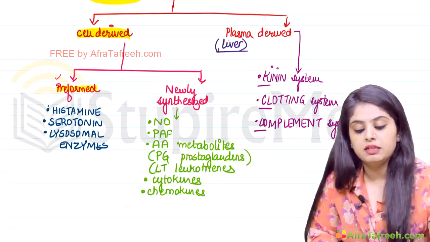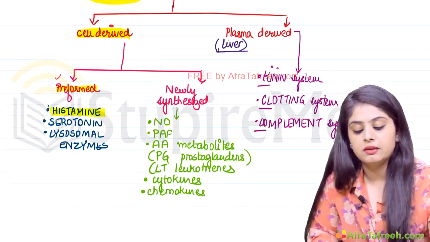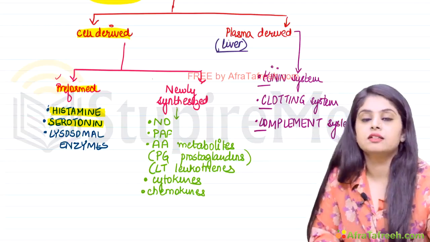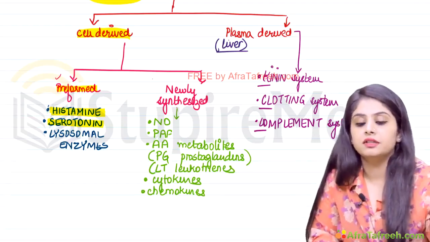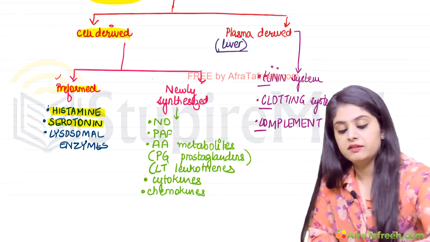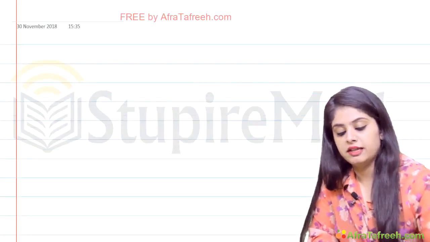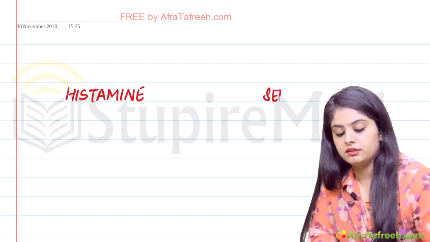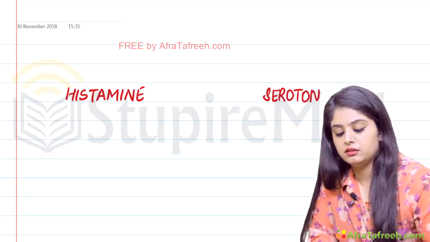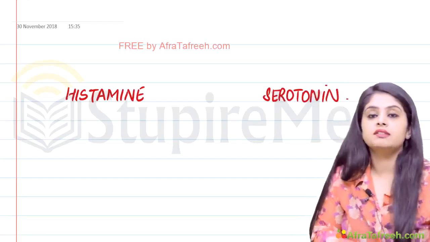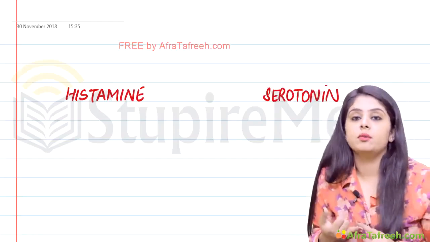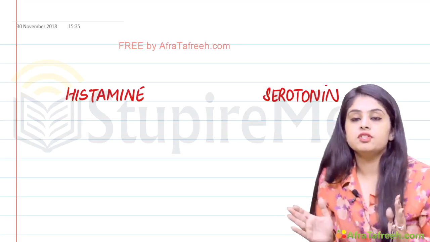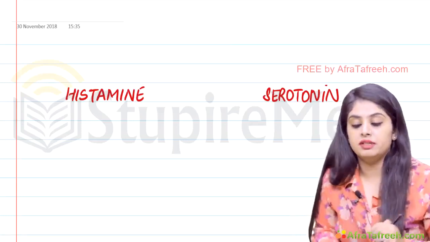Under the preformed mediators, we are first going to compare these two, histamine and serotonin. Remember, these are cell-derived, preformed. First, let's differentiate them, then let's see what's common in them.